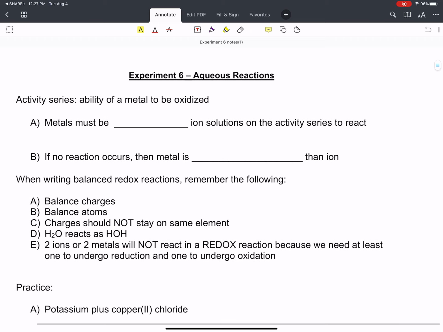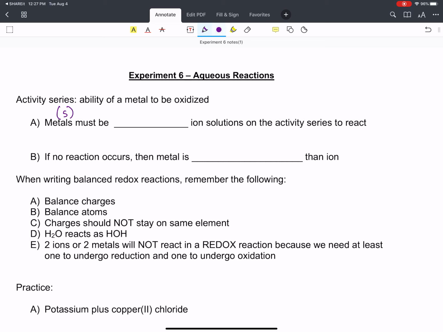Metals, or the thing that is a solid in our reaction, have to be above our ion solution, the thing that's aqueous in your reaction, in order for a reaction to occur.